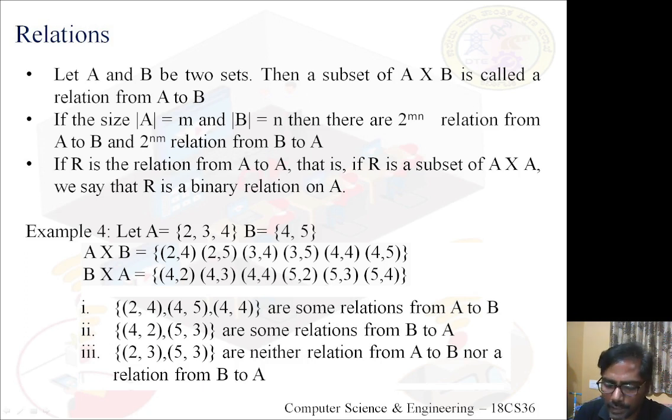Now we have seen a relation from A to B as well as a relation from B to A. Now we will add a special relation, which is known as a binary relation. See, in some cases, an element of a set might be related to some elements of its own set.